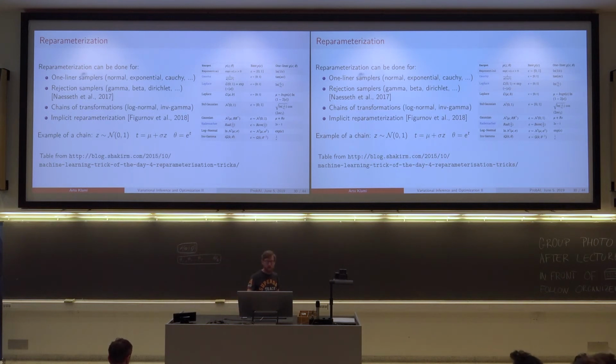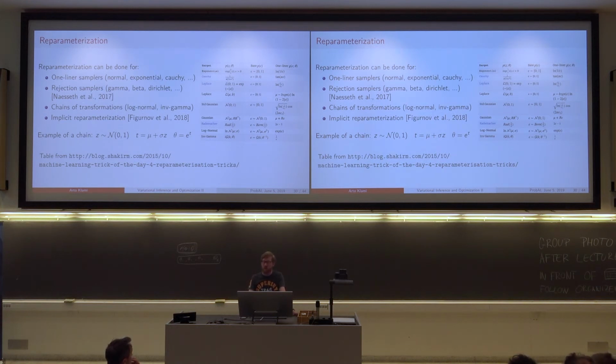I already showed an example of a normal distribution. You just sample from a unit normal distribution and make this linear transformation. A lot of other standard probability distributions, the code for drawing samples from those distributions is anyway obtained with a similar kind of essentially one-line expression.